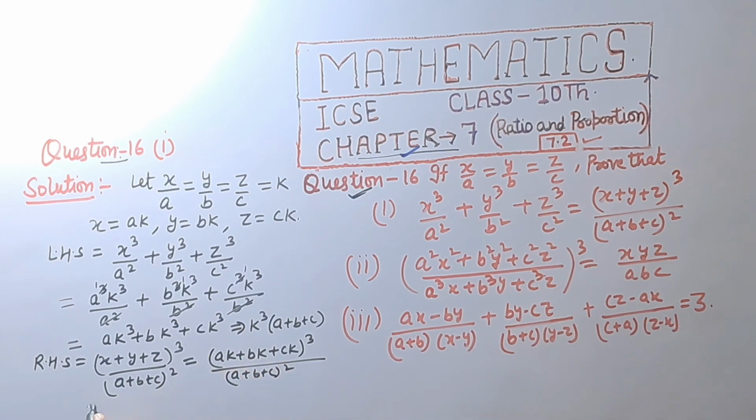which implies k raised to power 3 and in bracket (a plus b plus c) raised to power 3 divided by (a plus b plus c) raised to power 2. 2 power is cancelled and remaining power is 1, which implies k raised to power 3 into (a plus b plus c).